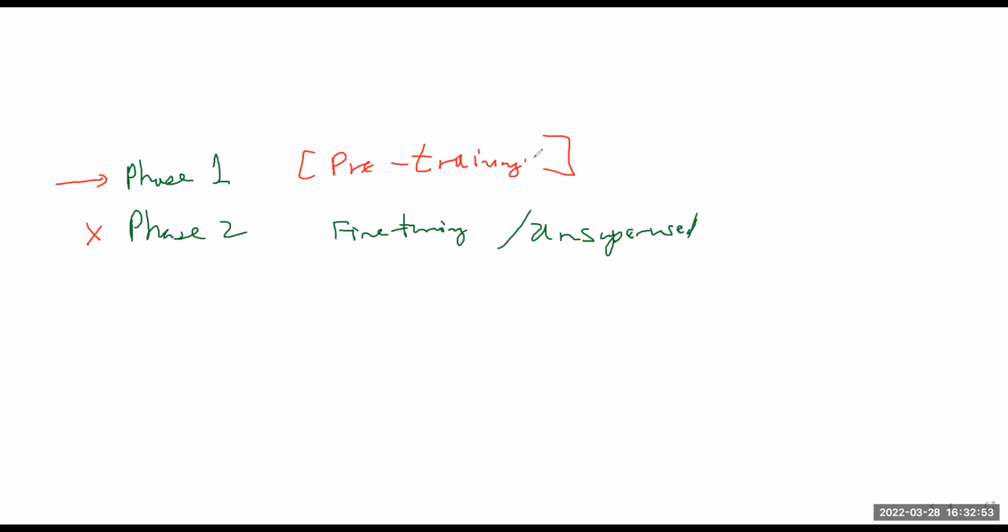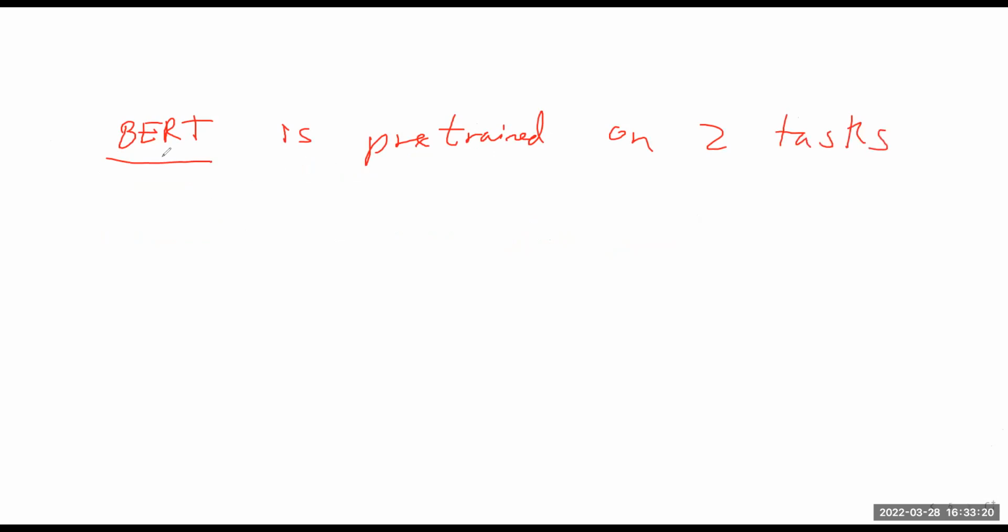So how do we pre-train BERT? BERT is actually pre-trained on 2 tasks. Remember, this is phase 1, not fine-tuning, but just the pre-training phase. But still, there's got to be some objective when you do this.